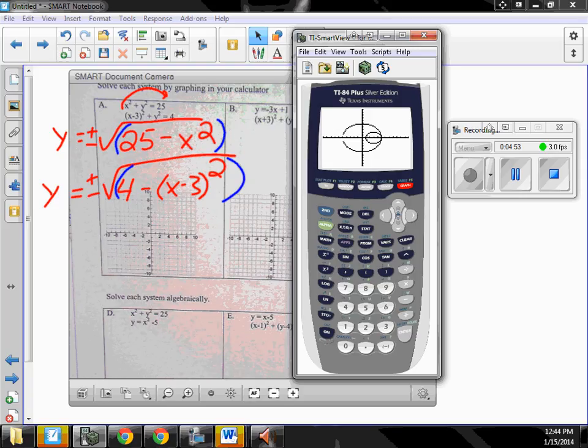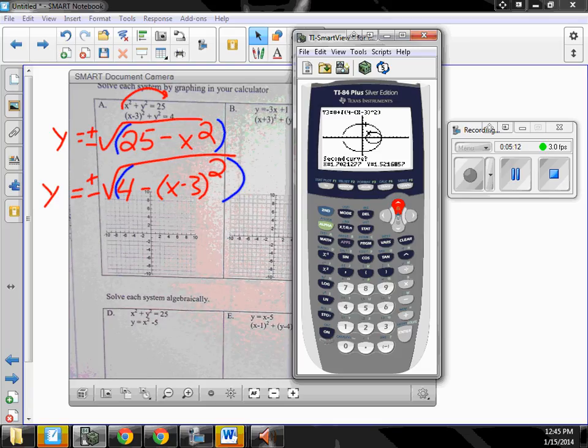Okay, so to find the intersection, and this one only has one, you have to be careful on which two lines you pick. So second calc, intersect, and mine is y1 and not y2. Not y4, but y3.